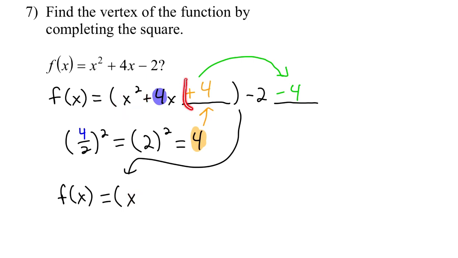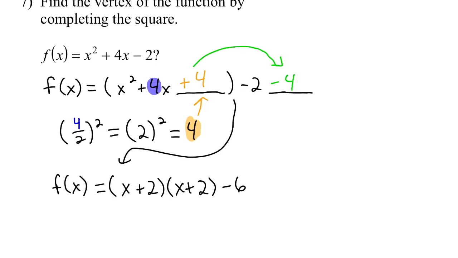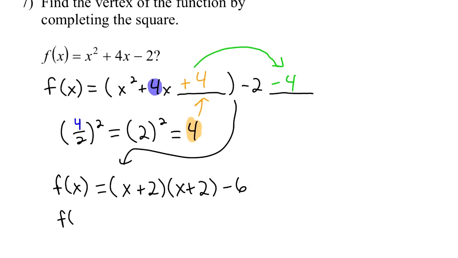And then we take the square root of this, so plus 4, plus 2. And it's going to factor to exactly the same. And then we have minus 6. Now we can see that we have the quantity x plus 2 times itself, so that's squaring, minus 6, and we have completed the square.